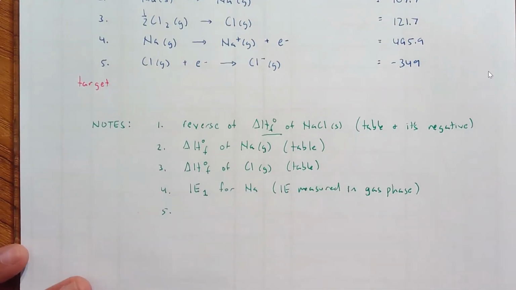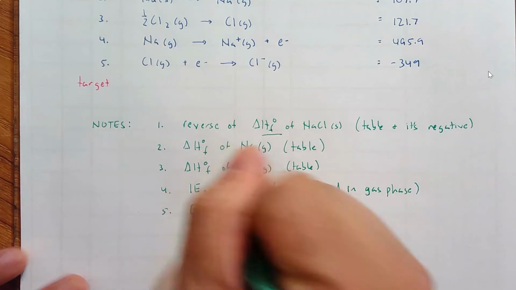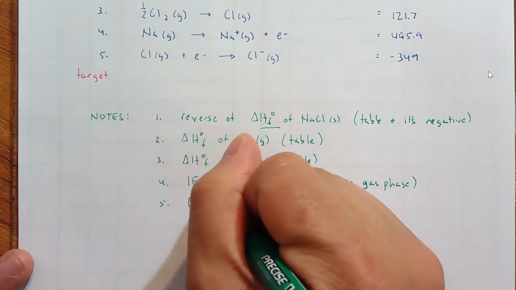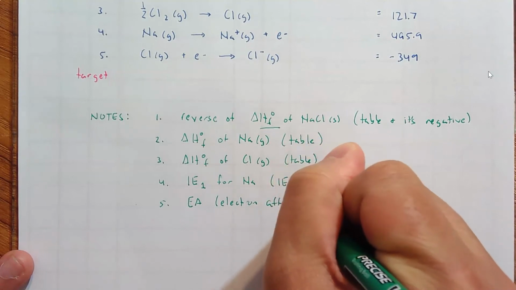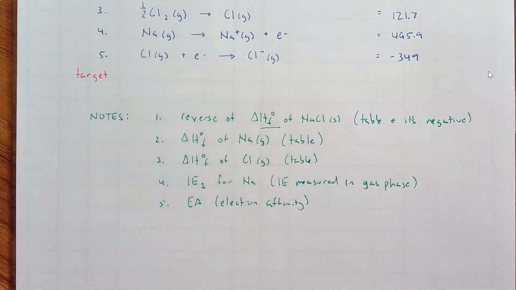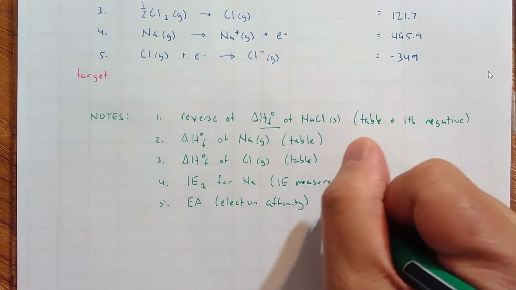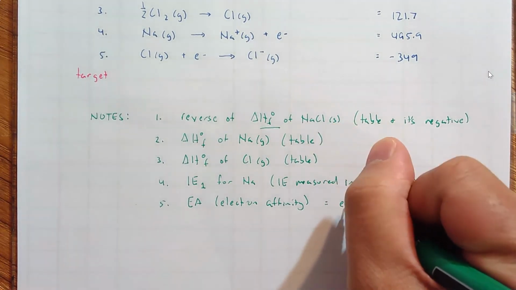Number 5, this is EA. Does that look familiar? This is electron affinity. And again, it's measured from the gaseous state, but it equals the energy released.